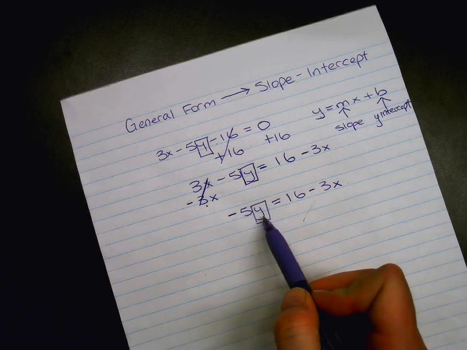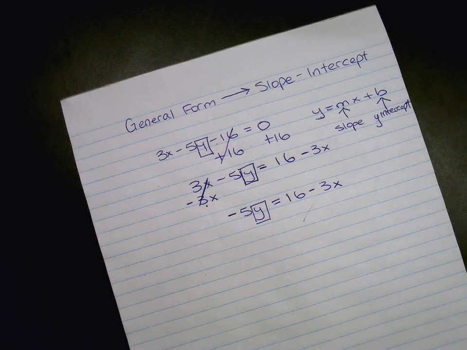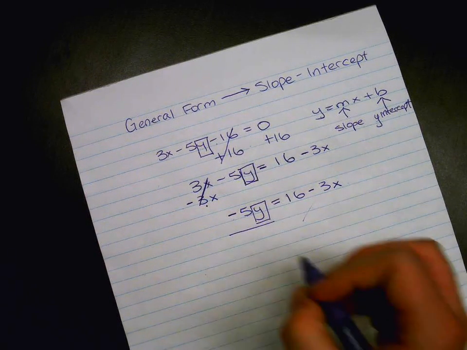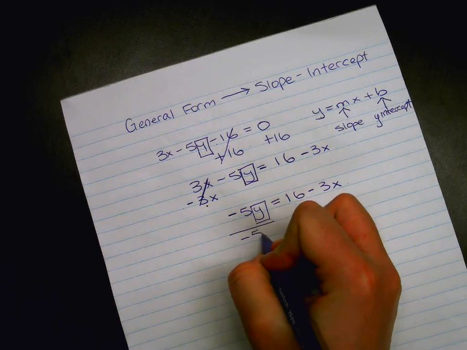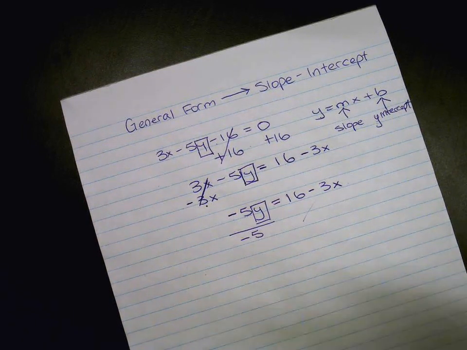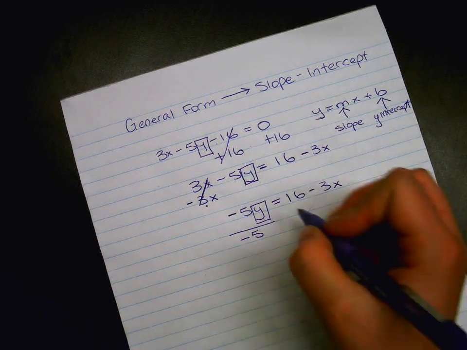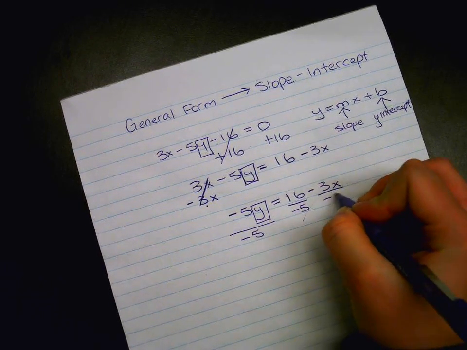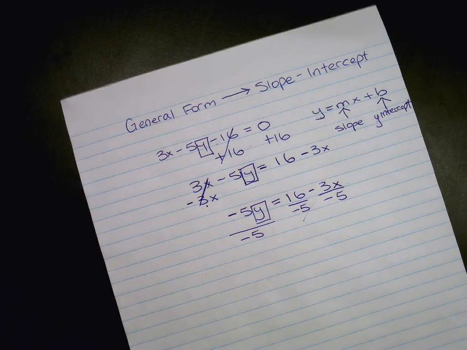The negative 5 and the y are multiplying. The opposite of multiplying is dividing, so we want to divide by the coefficient to get our y alone. So we're going to divide by negative 5. And if we divide by negative 5 on that side, we want to divide by negative 5 on both portions of the right-hand side.